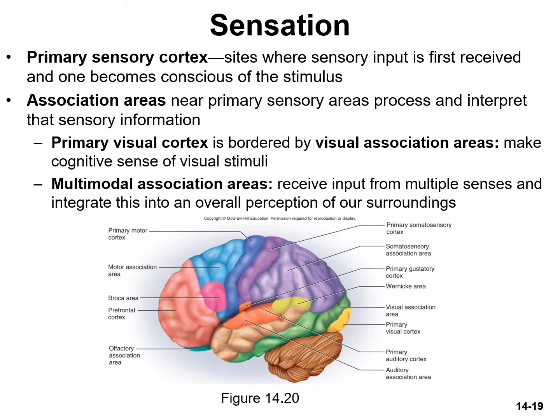The primary visual cortex is bordered by visual association areas that make cognitive sense of stimuli that we're seeing, so being able to recognize what we're seeing. And then the multimodal association areas receive input from multiple senses. So for example, sense of smell, sense of taste, eyesight, all of these different types of input are going to integrate into an overall perception of our surroundings.